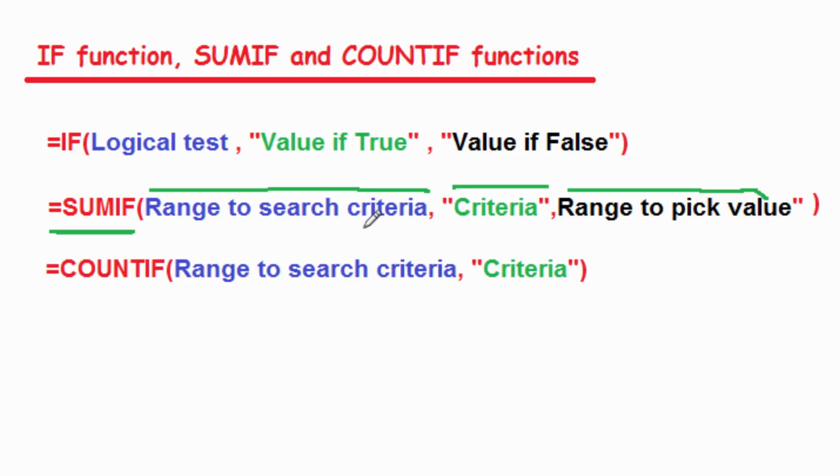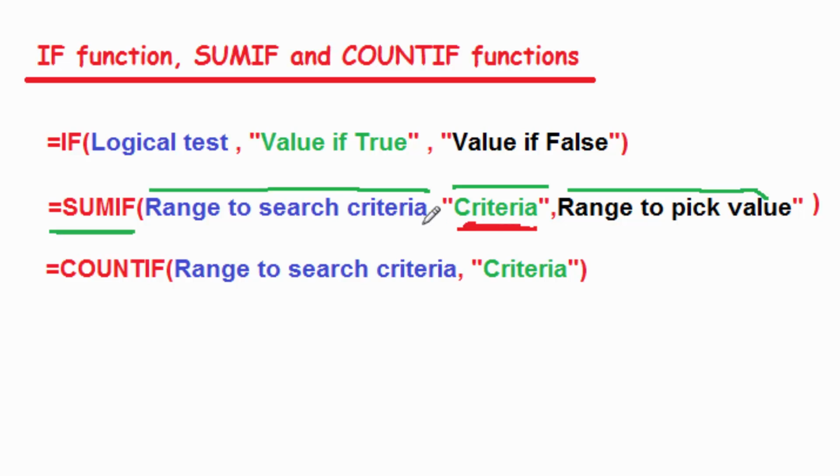Now, what we are saying simply here is that what we are searching is called criteria, and this criteria is what we want to add its values. For example, if I'm looking for boys only, I want to add marks for boys only in a list of marks, then it will mean I will search for the boy, because the boy is now a criteria.